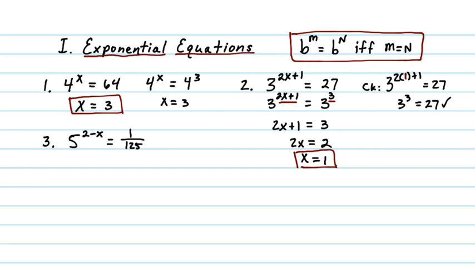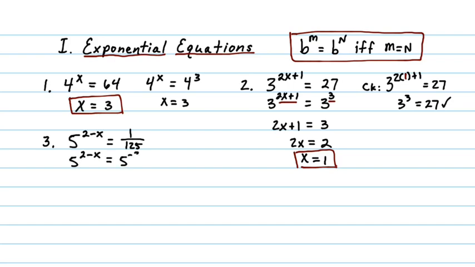So you've got, we discussed this before, you've got to know your exponents pretty well here. I know that 5 cubed is 125. So we know that negative exponents lead to reciprocals. In fact, 5 to the negative 3 power would be 1 over 125.